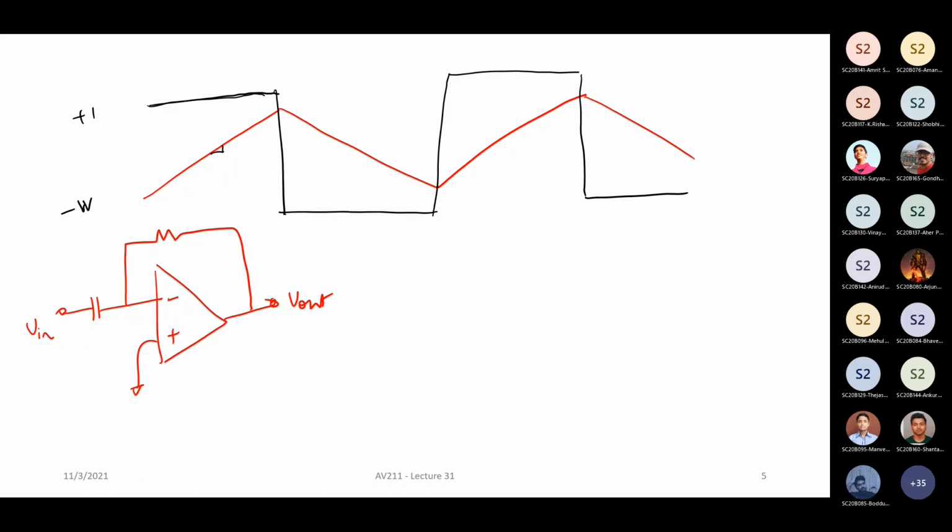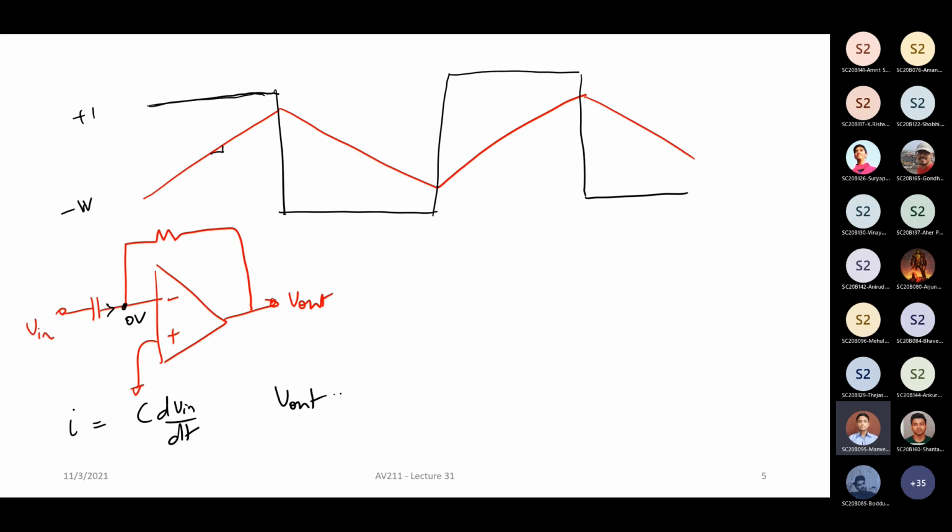You can also look at it circuit-wise, and then you can say that this is going to be 0 volt because of negative feedback. And what is the current flowing here? This is nothing but the current through the capacitor. So the voltage across the capacitor is Vin, and the current through the capacitor is C dVin/dt.